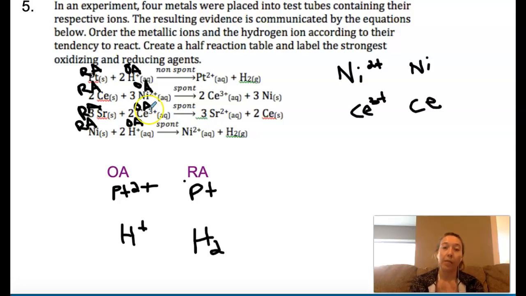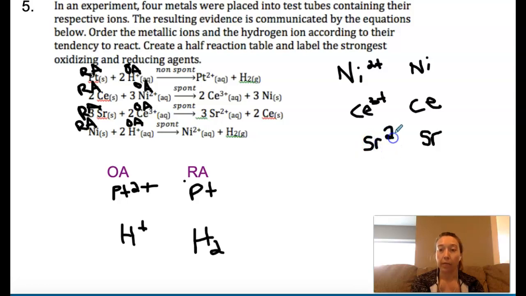So this one said it was spontaneous, that means my OA is above my RA. So I already have Ce3+ placed in here as an OA. So now I know that the strontium as an RA has to go below it because the OA has to be above the RA. Its partner, that's going to go over on this side, is going to be that Sr2+.